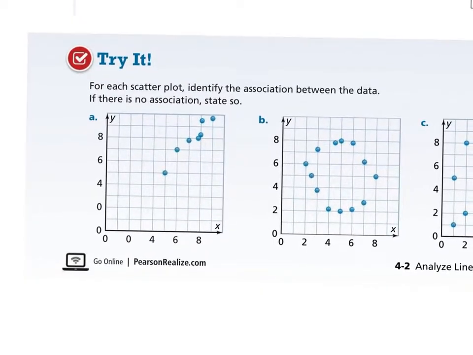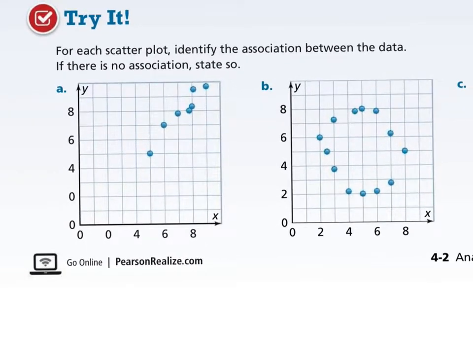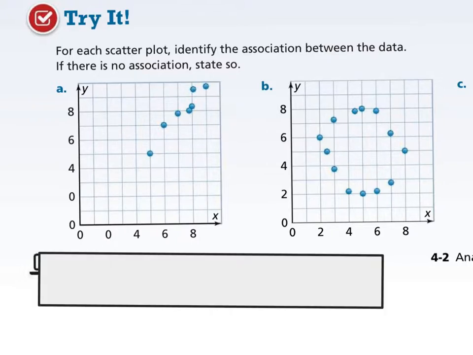So on the try it, they want us to identify the associations, and besides just saying if it's positive, negative, or no relationship, if it's positive or negative, we're also going to say if it's strong or weak. Also, we're going to say if it's linear or nonlinear. So on our first graph, if we try to draw a trend line through these points, with some above and some below the line maybe, it looks like we can draw a straight line that's pretty much going to go through these points.